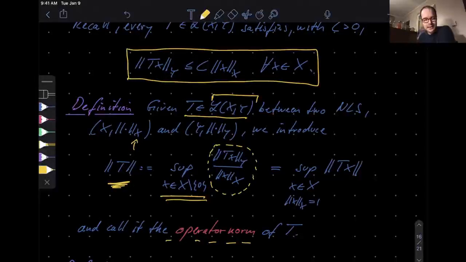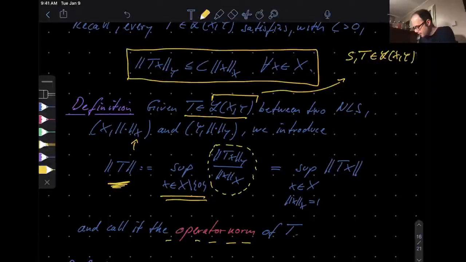You can add those functions and multiply them by scalars, and the same thing you can do with bounded linear transformations. If you have s and t bounded linear transformations, then you can look at the linear combinations alpha s plus beta t, where alpha and beta are scalars in the field.